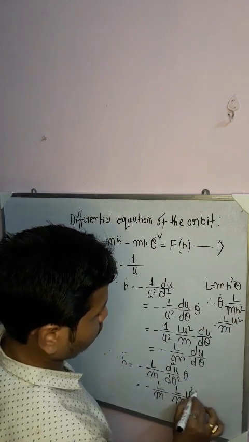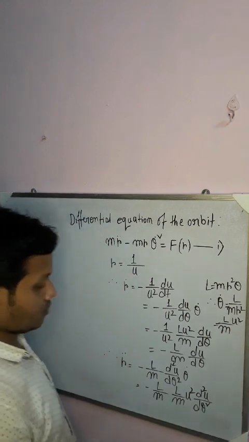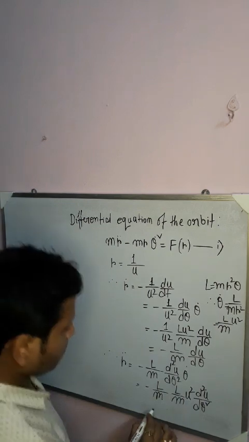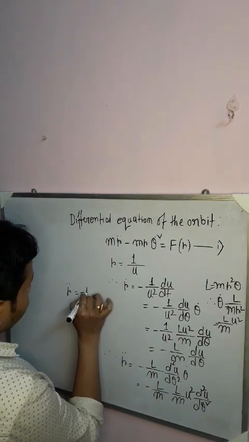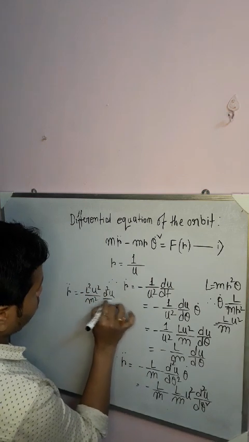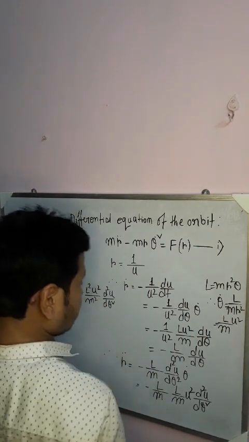That is simply d2u d theta 2. Okay, so you can write this r double dot as minus L square u square by m square into d2u d theta 2.